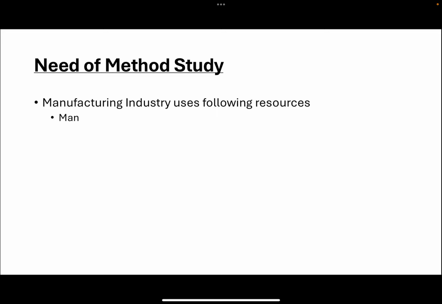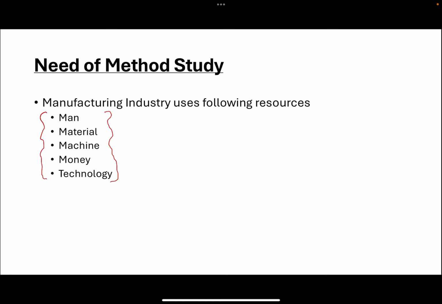Now let us see what the needs of method study are. Manufacturing industry uses the following resources: man, material, machine, money, technology, etc. Method study helps to reduce the use of these resources, that means it helps to improve the productivity of the industry or the manufacturing process.